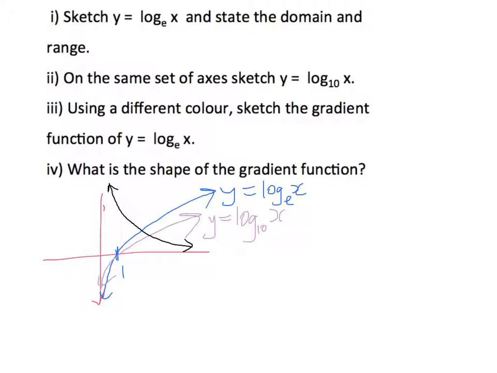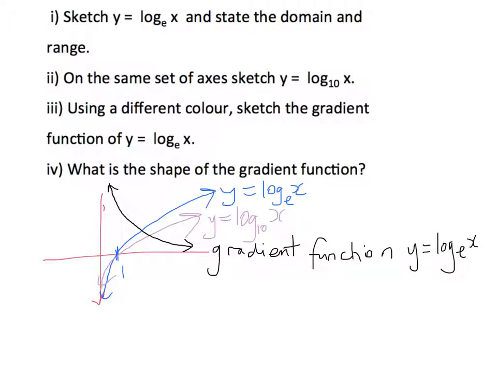And that looks like a familiar graph, doesn't it? So that's the gradient function. What graph do you know that looks like that? Well, it looks like part of a hyperbola.